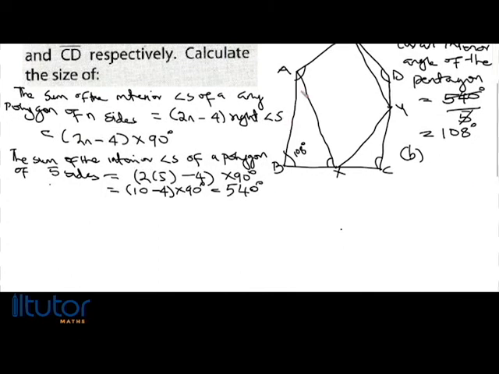Now AXYE is a rectangle. Now let me start from here.